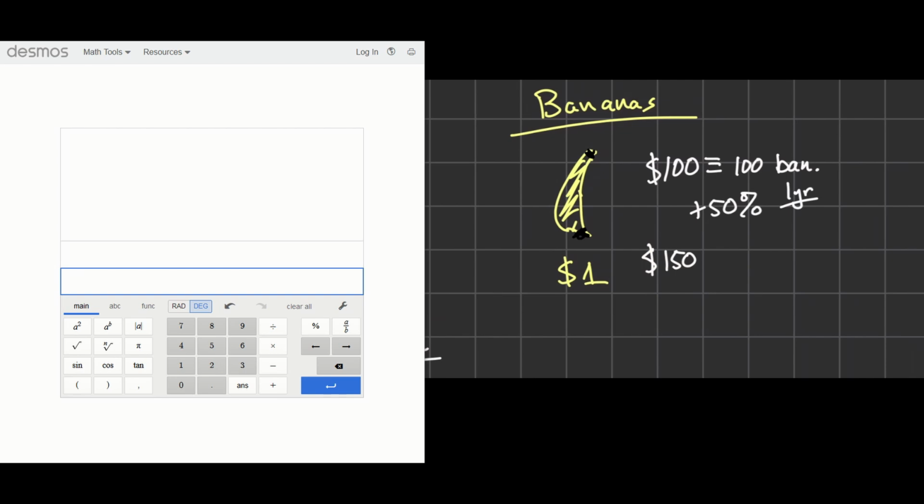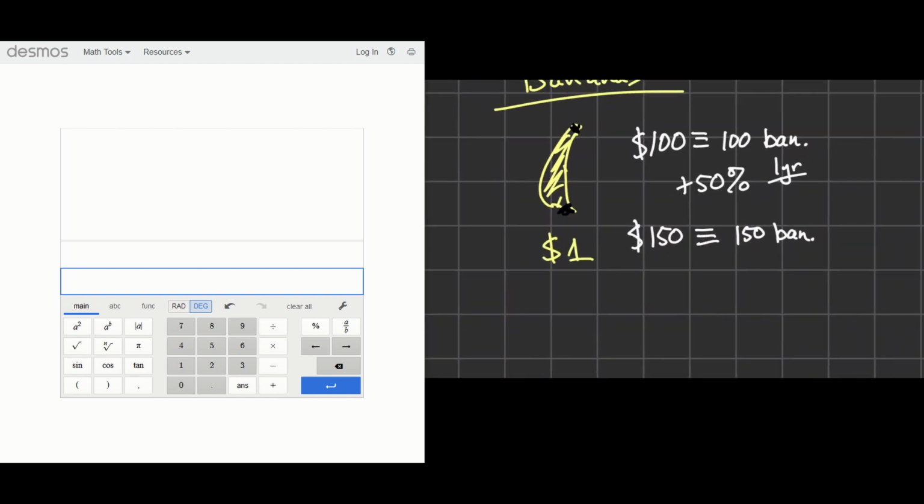I've got a 50% return, but let's say that bananas have not gone up in price at all. They're still $1 when I go back to the store. Well, now I have the purchasing power of 150 bananas. Makes sense, right? I can now buy 150 of these with the $150 I have.